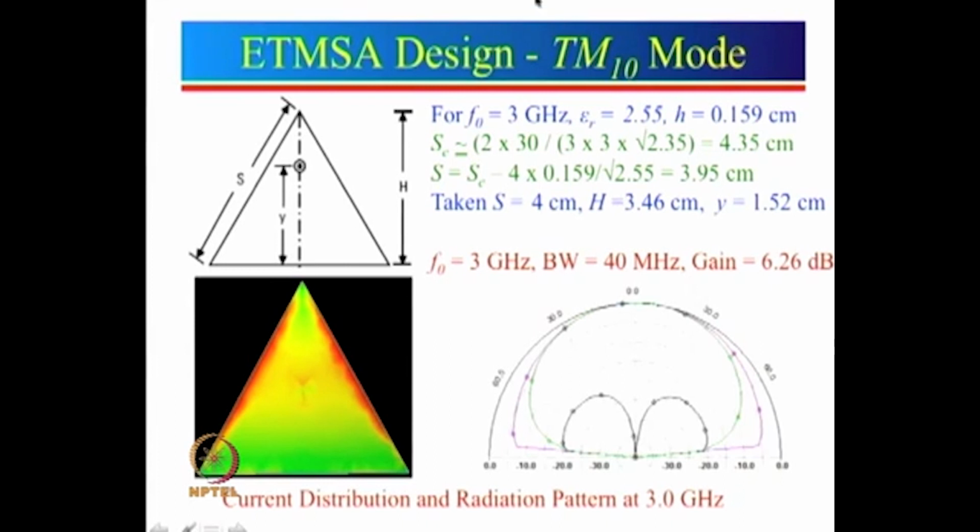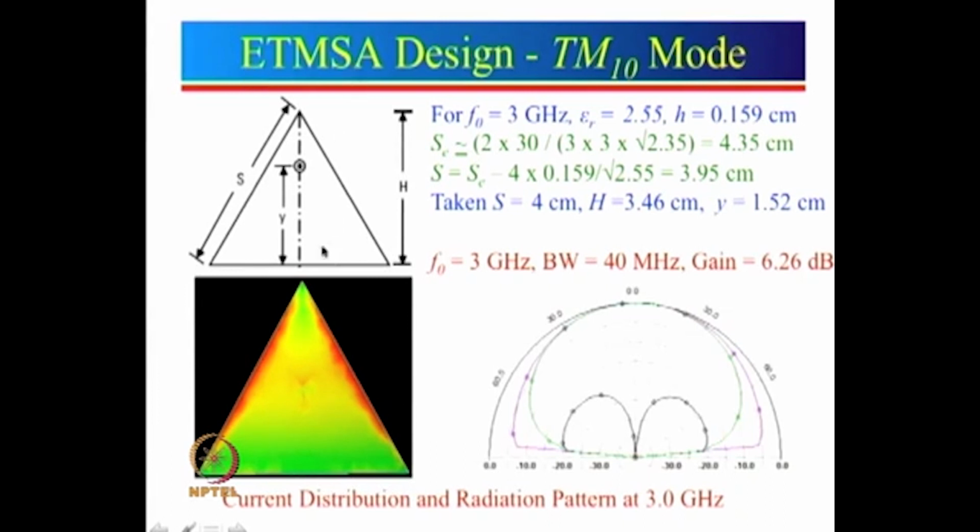Now similar to ET-MSA, just to tell you, which is in angle terms, we define 60 degree, 60 degree, 60 degree angle. Half of that is also there, which is a 30, 60, 90 degree triangle. The resonance frequency of that is also very similar to ET-MSA, but that also has a problem of higher cross polar. So just like circular microstrip antenna and semicircular microstrip antenna are somewhat similar, gain is different.